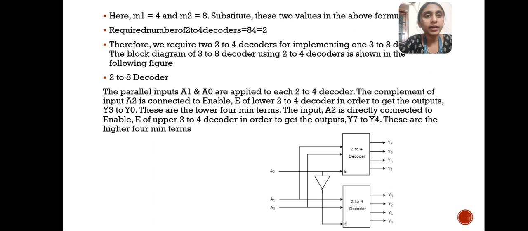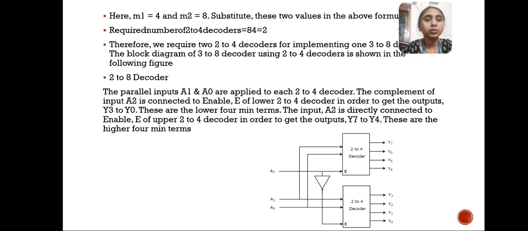So we need two 2 to 4 decoders for implementing a 3 to 8 decoder.